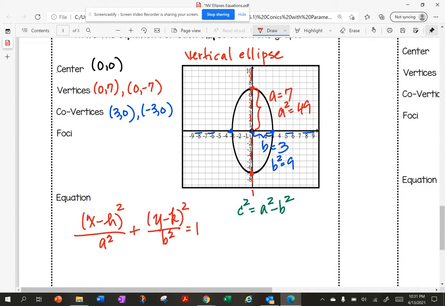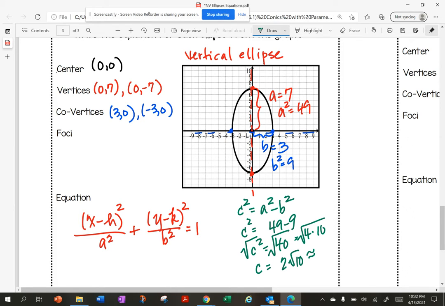So c squared is a squared minus b squared. So c squared equals 49 minus 9. So c squared is 40, and c is the square root of 40, which is 4 times 10, so 2 square roots of 10.